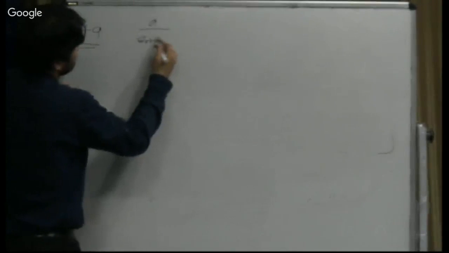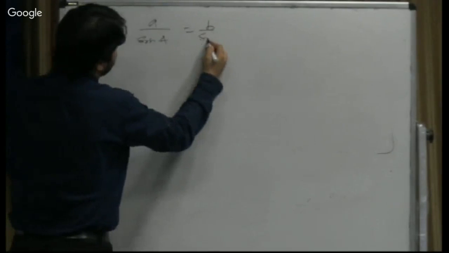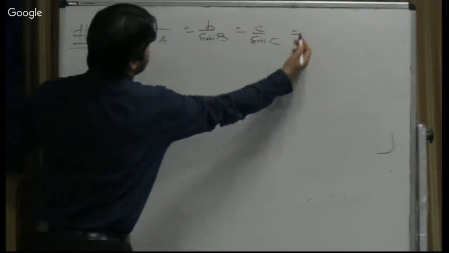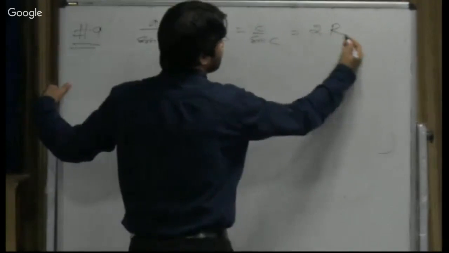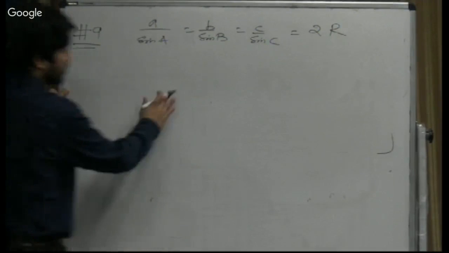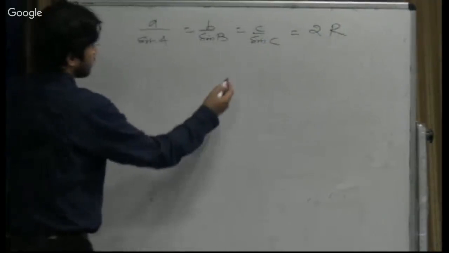So the property 9 is basically A by sine A is equal to B by sine B is equal to C by sine C is equal to 2R, where R is the circumradius. इसे प्रूफ किया कभी? नहीं, चलो कर देते हैं. ये सब क्लास 10th की चीजें हैं.